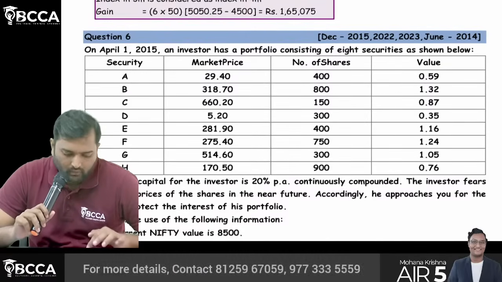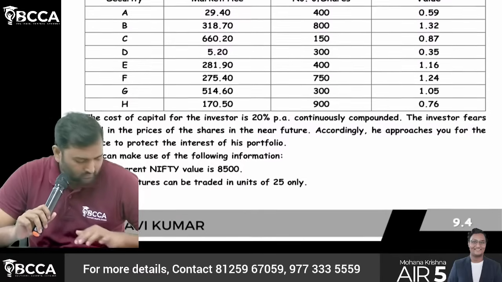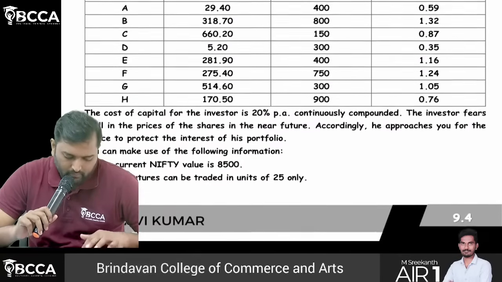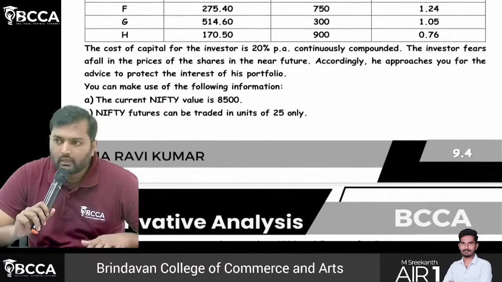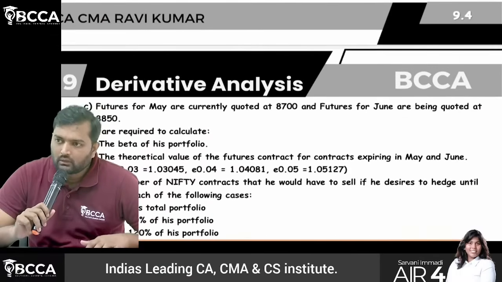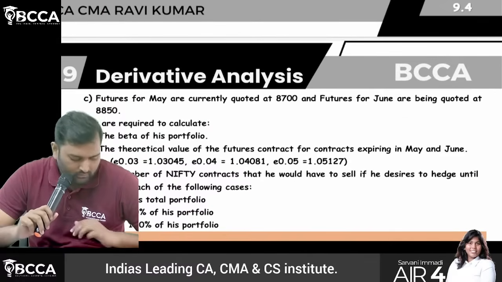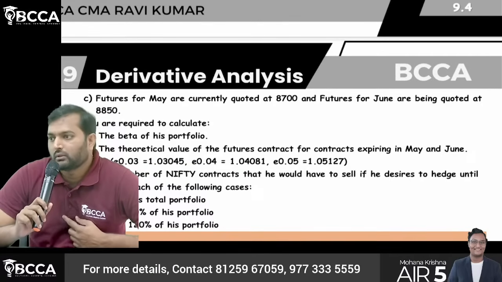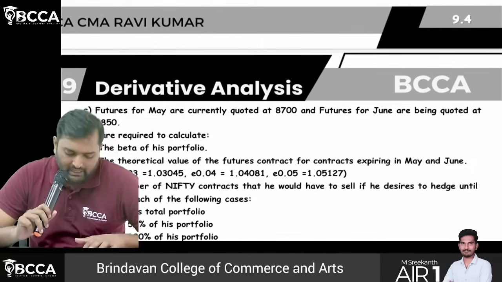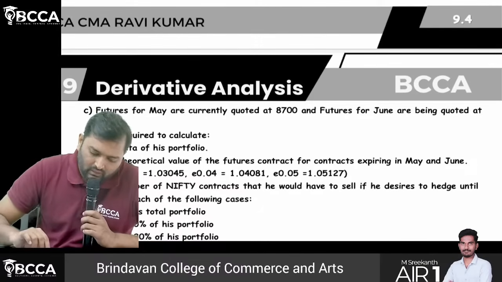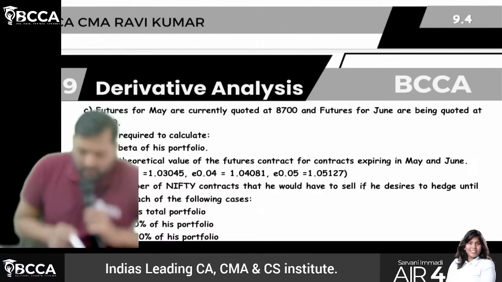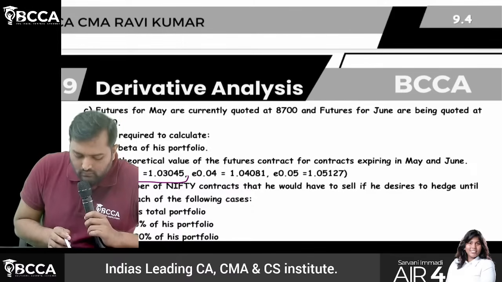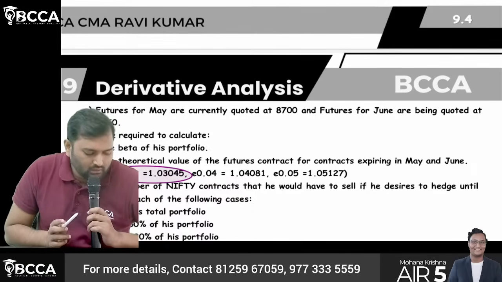How many months? We are in April, so April to May is 2 months. So that means 8,500 into e power 2/12 into 0.2. There is a high chance of committing a mistake, because you will get e power 0.033.